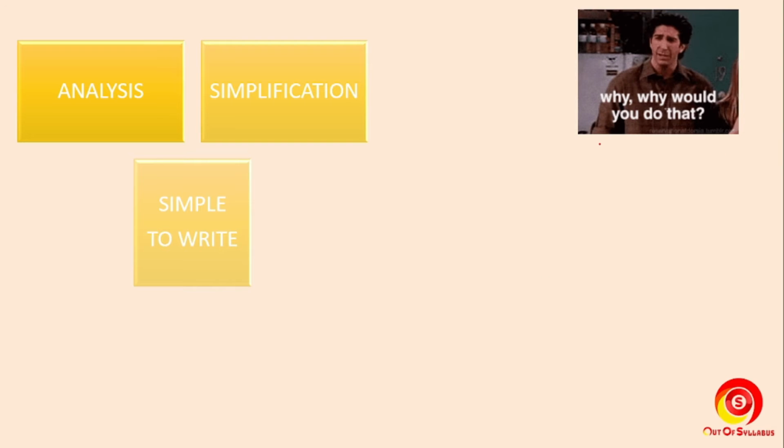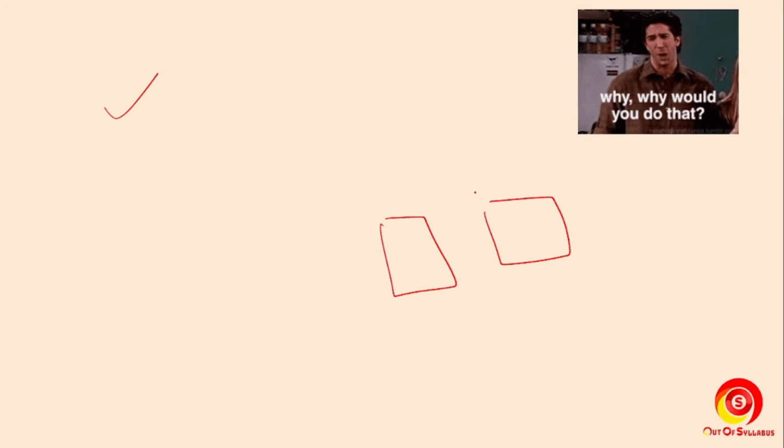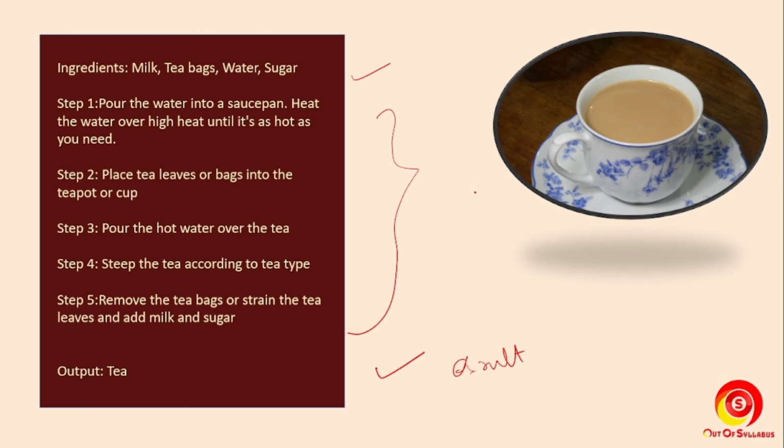Now, why do we need these algorithms? First and foremost thing is analysis. You have two algorithms in place. We saw the first example of making tea. You can make tea by following these steps, or by following some other steps. The end result should be tea.